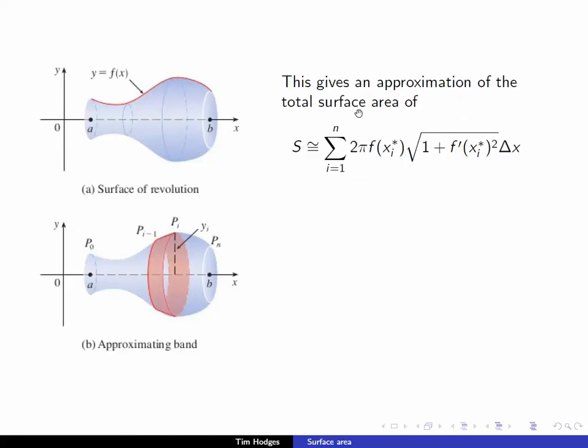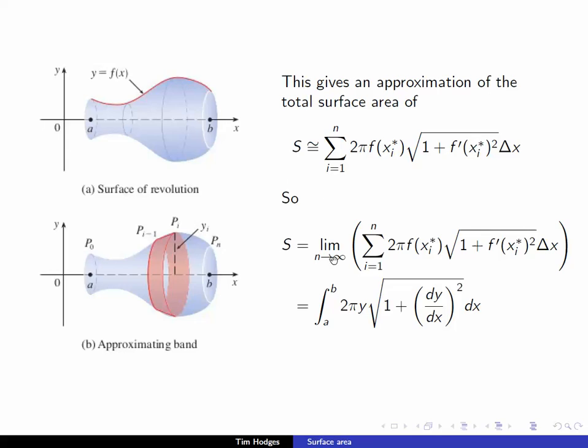That means that our approximation of total surface area will be the sum from i equals 1 up to n of these S i, and as our partition gets finer and finer, this estimate will approach S. In other words, S will be equal to the limit as n goes to infinity of these approximations.